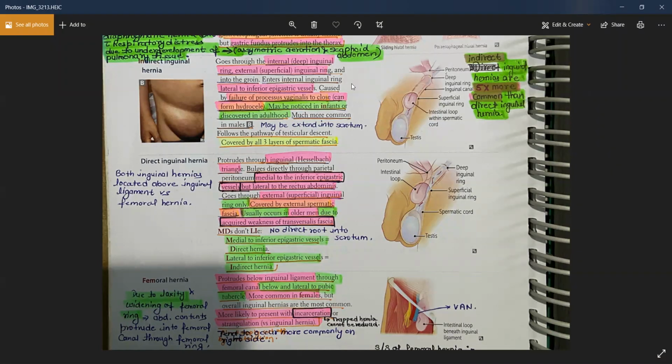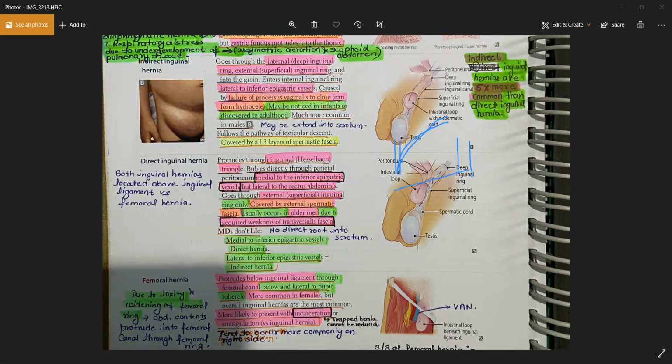So annotate. There would be your inferior epigastric vessels, and there would be your rectus abdominis muscle, and the vessels are running like this. They will form a triangle, and on the base you will have the inguinal ligament.